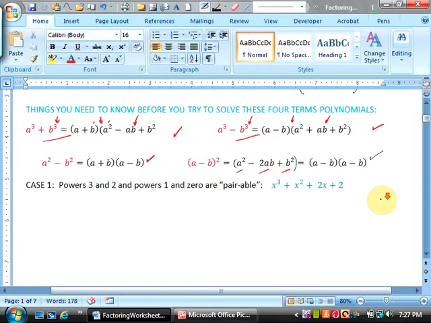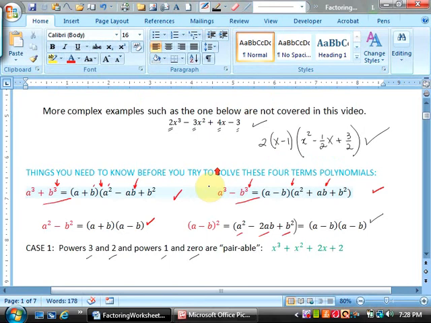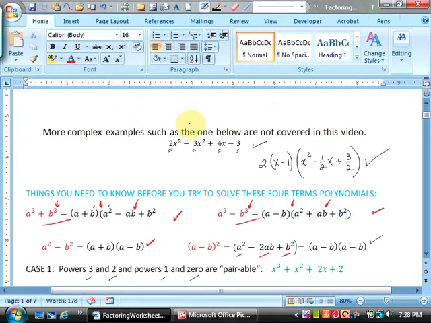So let's look at the first case, which is on the screen here. This is a case where we have powers of 3, powers of 2, powers of 1, and powers of 0. Well, that doesn't mean much, because the complex example I showed you also has powers of 3, 2, 1, and 0.